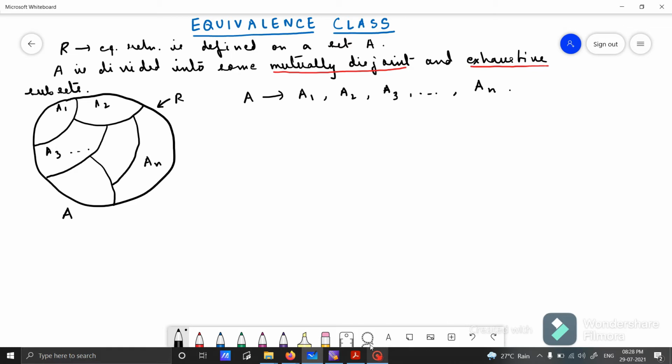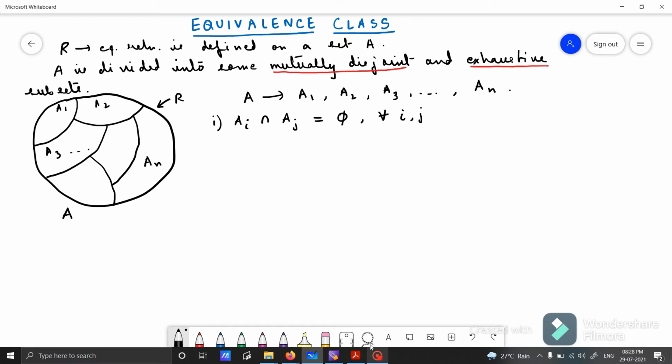Now they are all mutually disjoint. What does that mean? Mutually disjoint means that out of these n subsets, if you choose any two, then they will have no common element, that is, they will be disjoint. So we write it like this. Generally we write Ai intersection Aj will be empty for all i not equal to j.